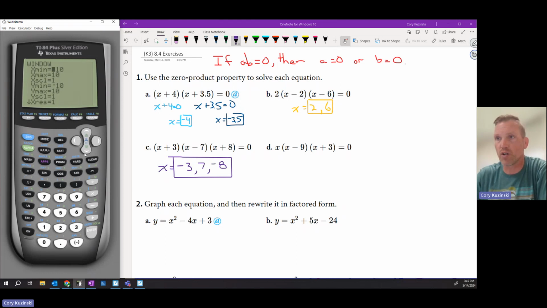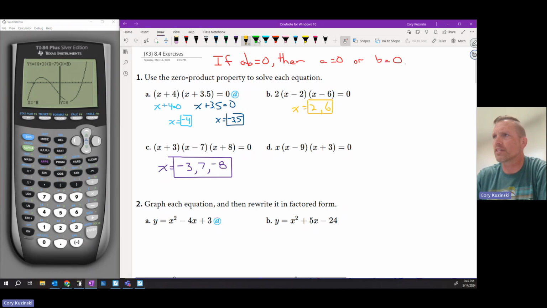If you change the window to like -300 and +300, you get a lot better look at what this thing looks like. We got like a double parabola here. This is a cubic function. So trace -3, there's one of them. 7, there's another. -8. I feel like I should have ordered these from least to greatest. That would have made more sense, right?